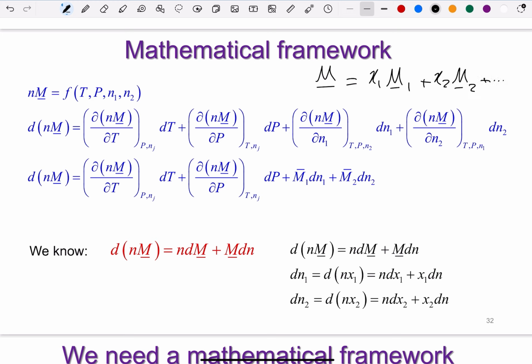So think about you have a property in your mixture. It can be anything, so I'm calling it M. Lowercase m is the molar property, and I'm multiplying it by N to make it extensive. N is the total number of moles.